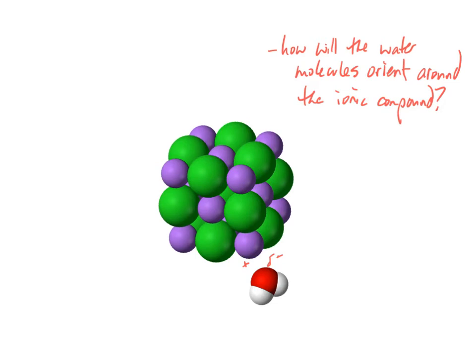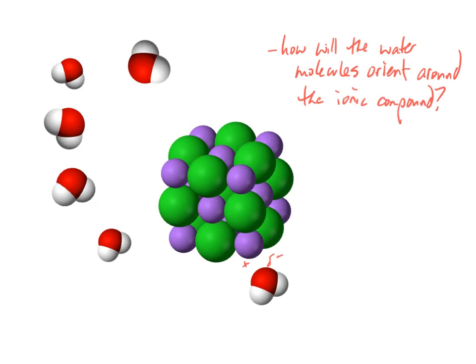Now the question is, what happens next? Well, we said that there were gigazillions of water molecules in the cup of water, and here they are. For instructional purposes, by gigazillions, I mean 6. Just to illustrate, we want to show what happens when the water molecules surround the salt crystal.